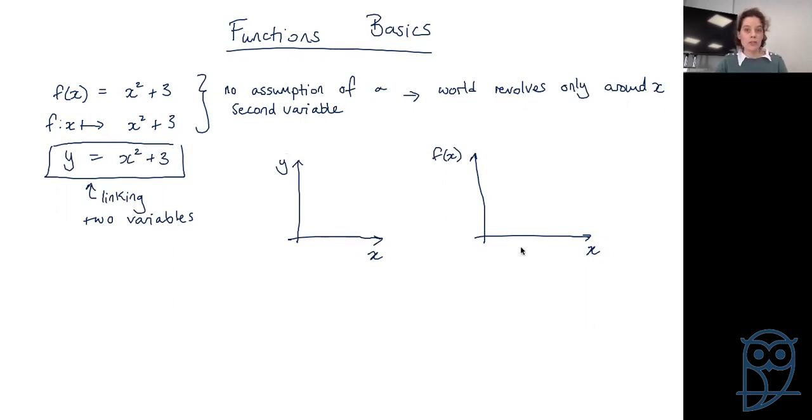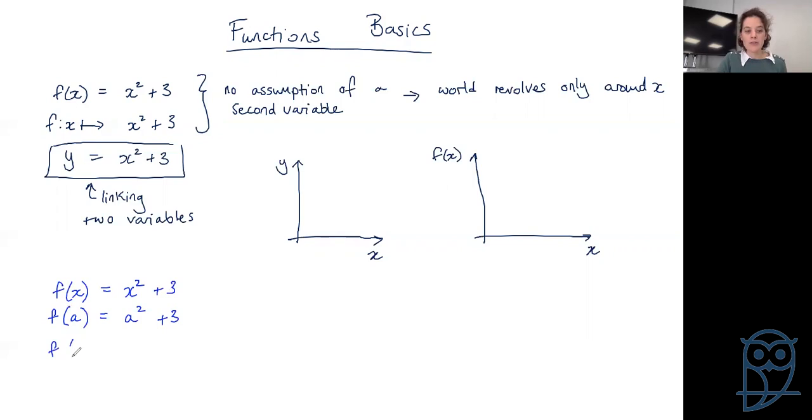So this is your notation. When it comes to notation, there's a few other things to bear in mind. Whatever you have here in the beginning must be what you have on the right-hand side. So if you've got f(x) equals x squared plus 3, if you have f of a, you must have a squared plus 3.